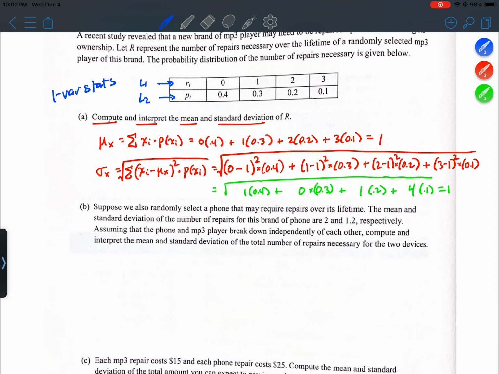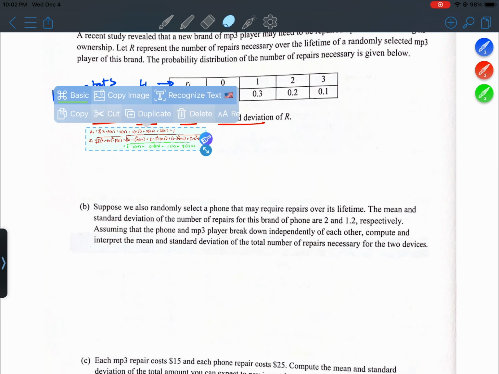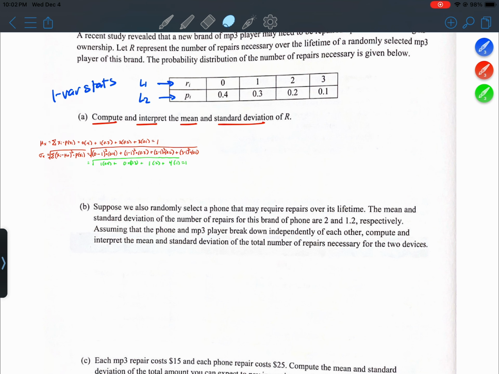Now we've got all the values. We need to interpret it still. I don't have any space, so I'm going to just shrink that down. Not too small. And then now we can write the interpretation. So first the mean.